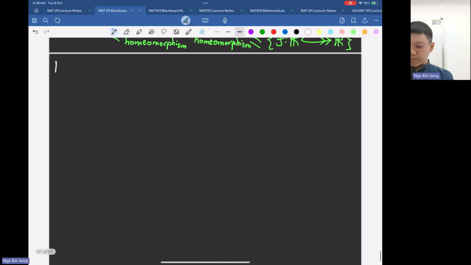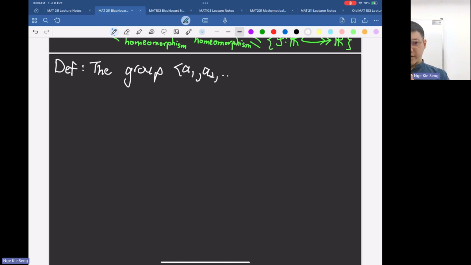There's one very important concept in group theory, which is called the generating element. This generating element is very important, so let's record this notation here. This is called an angle bracket. Please remember angle bracket.